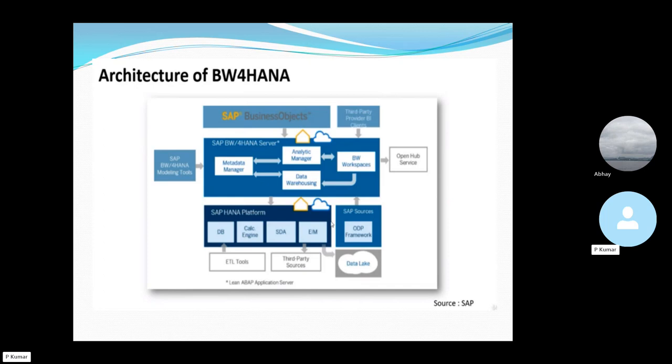But if a client or customer uses a different reporting tool like BO, SAC, Power BI or Cognos, they have to pay separately and set up connectivity, which Basis is responsible for. So we can say BW 4 HANA is a reporting tool as well as an ETL tool. ETL means whatever data you extract from source to the BW server, that part is called ETL.